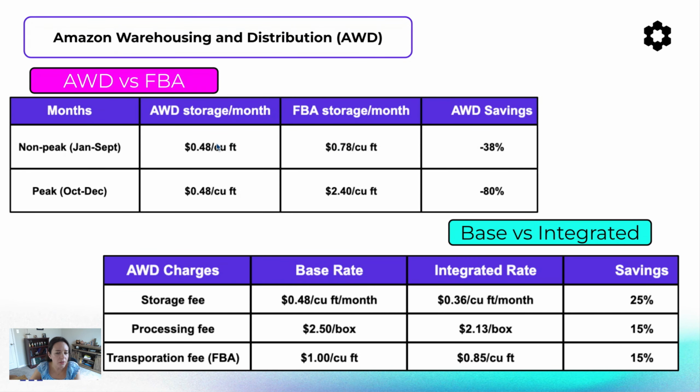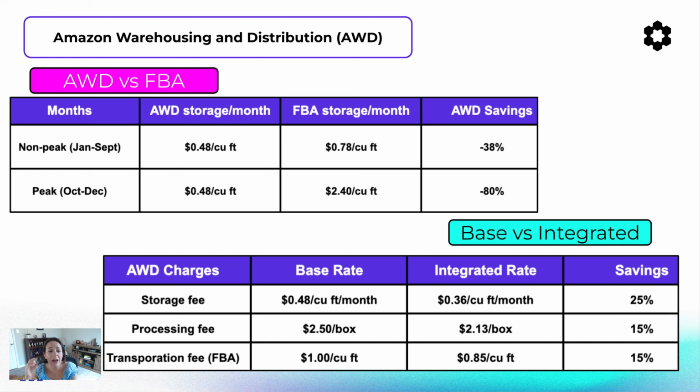One is that the fees are a lot lower. Storage fees are 48 cents per cubic foot versus 78 cents at FBA. Amazon warehousing and distribution does not have peak storage. So you can see that in that last month, the savings holding your inventory at Amazon warehousing and distribution is 80%.